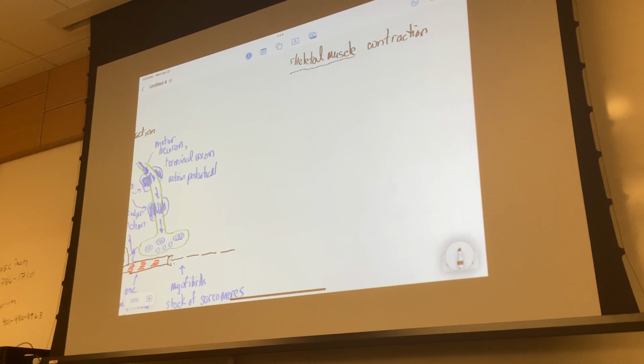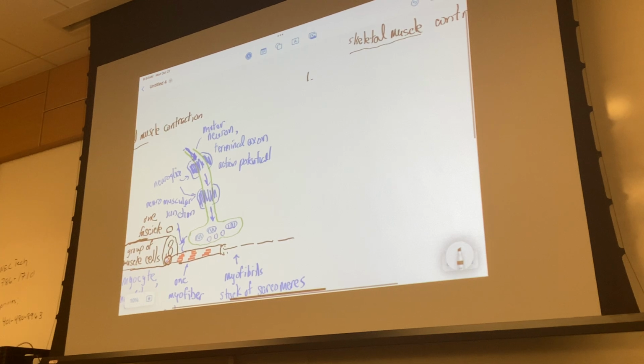If you look back at old drawings of this, some years I go very generally, and other years I go really, really specifically. This year, I don't know, we'll see how it goes. But regardless, it starts at the motor neuron.